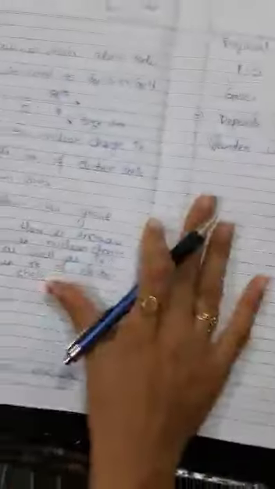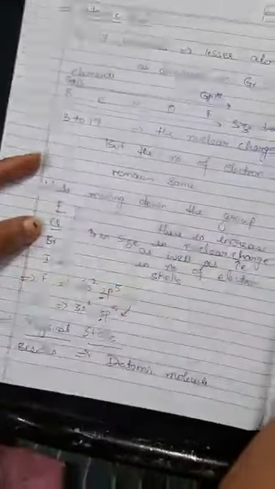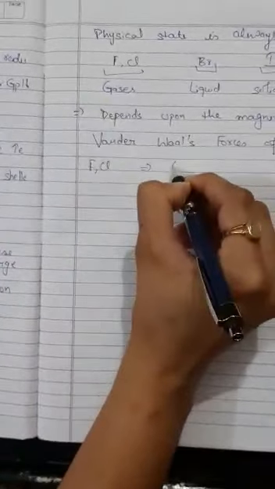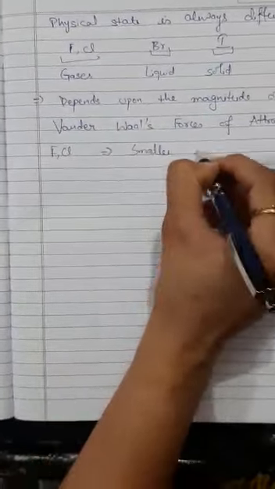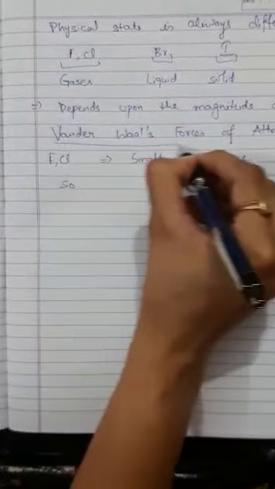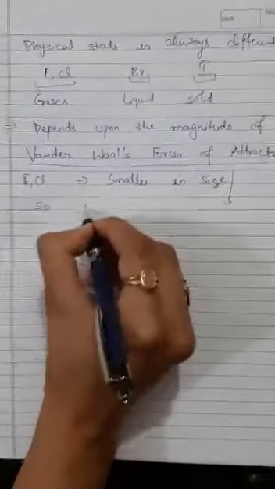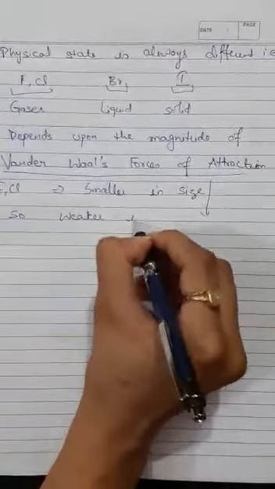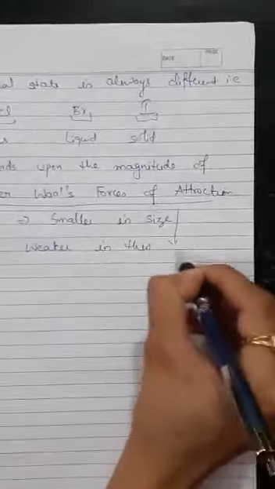And as you know, fluorine and chlorine are smaller in size. So, the van der Waals forces of attraction are weaker in this case. That's why they always exist in the form of gases.